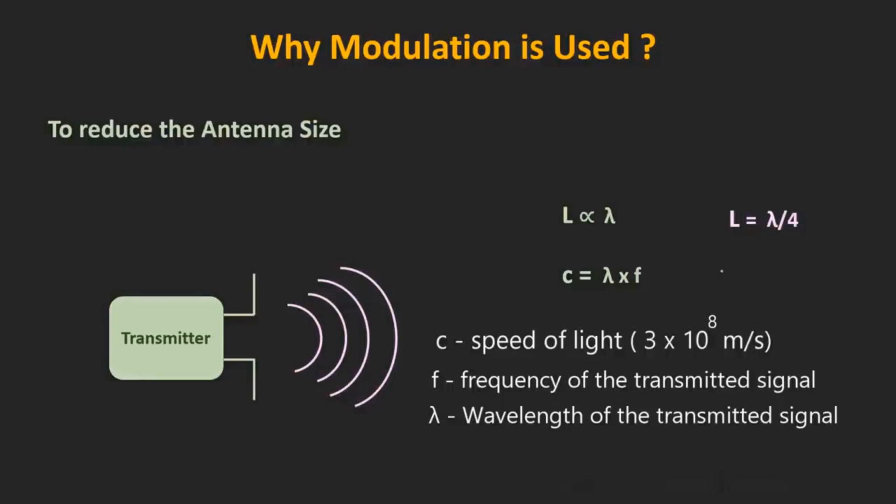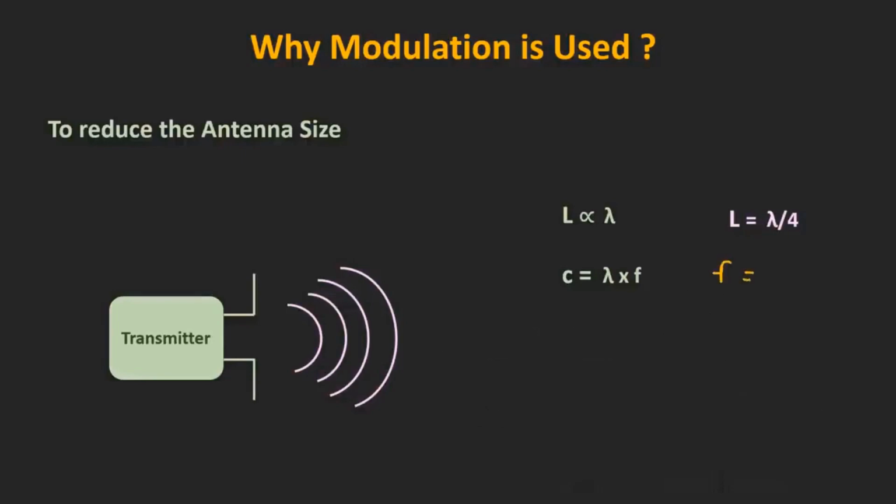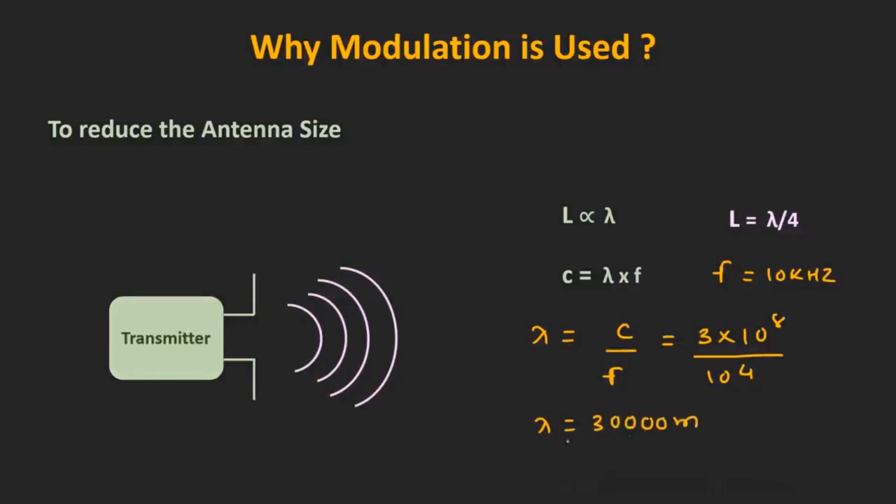First, the major thing is to reduce antenna size. We relate the length of an antenna with the wavelength of the signal, so they are directly proportional. If I take the length of an antenna equal to lambda by 4, I know that c is equal to lambda f, where c is the speed of light, lambda is the wavelength, and f is the frequency.